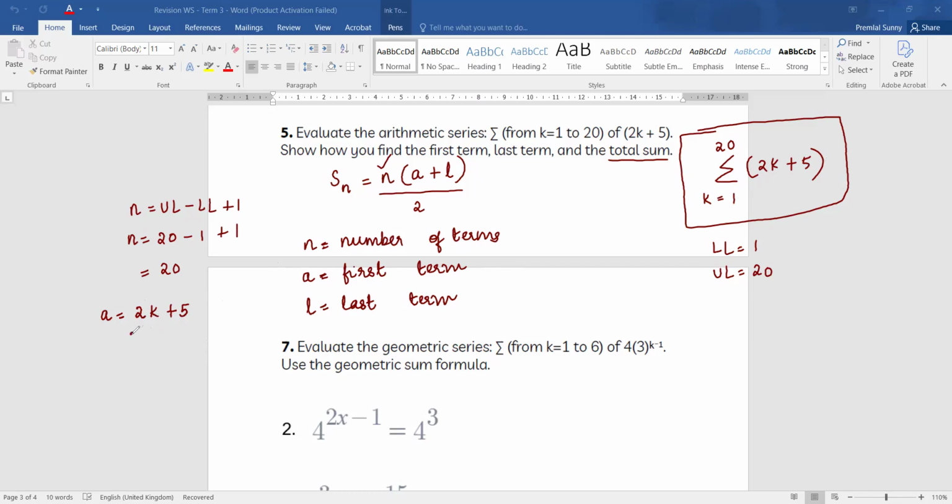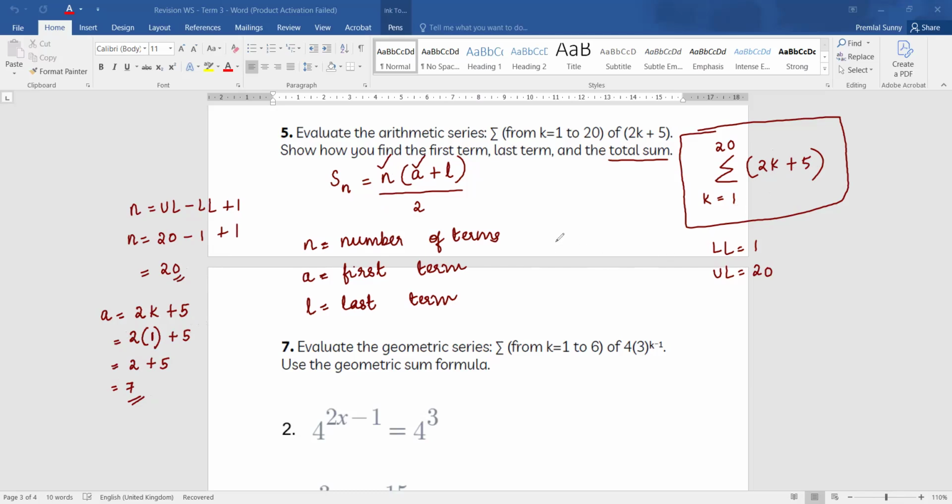So instead of this k, you replace that k with 1. Always the lower limit. Now 2 times 1 is 2 plus 5, which is 7. So now you have your first term. First term is 7. I repeat, whatever is inside the bracket, you just write 2k plus 5, and instead of the variable k, you substitute it with the lower limit.